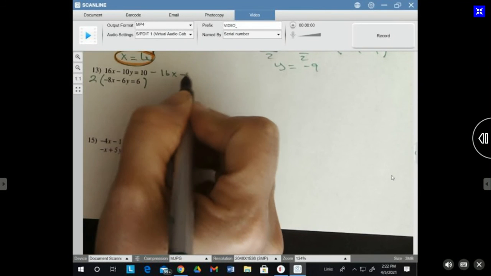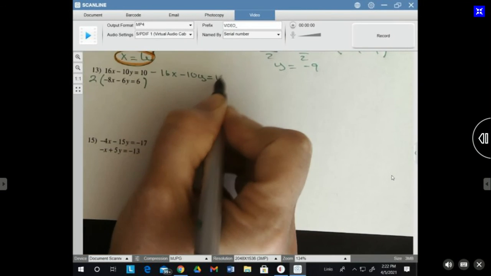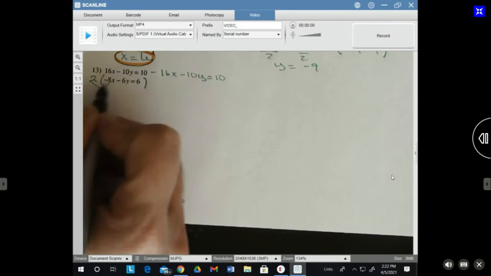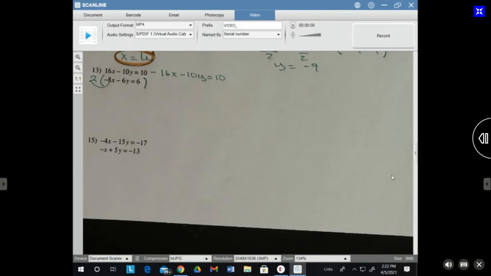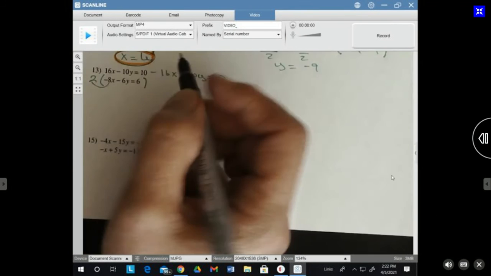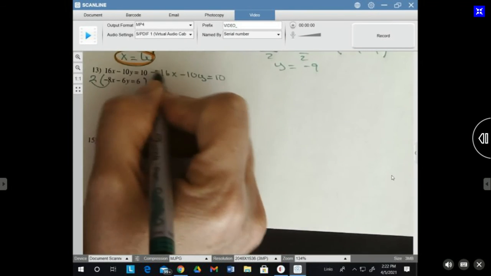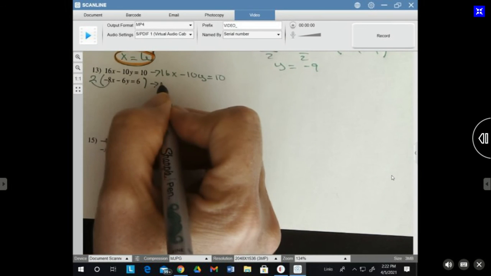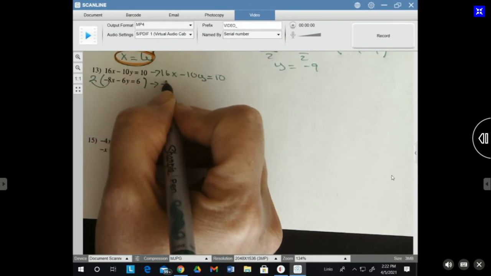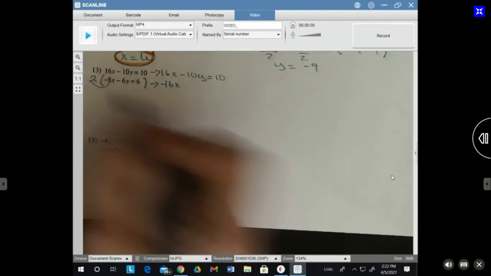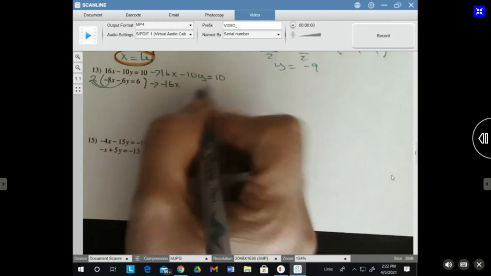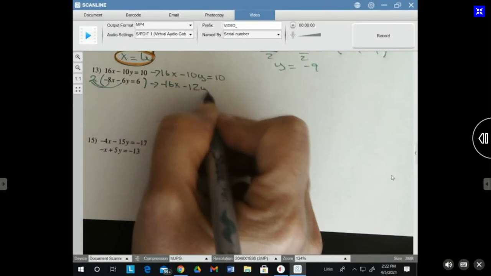16x minus 10y equals 10. And then I've got to distribute that 2. 2 times negative 8x is negative 16x. 2 times negative 6 is negative 12y.